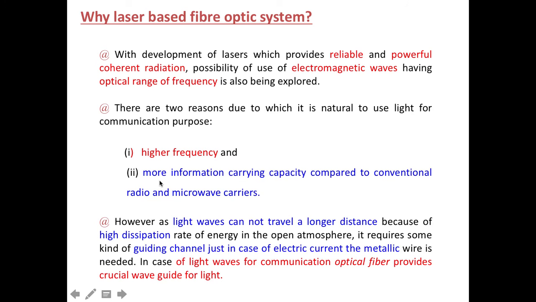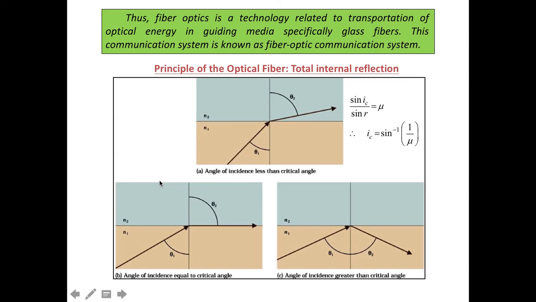Similarly, light waves for communication require optical fiber to provide a crucial waveguide for light. Thus, fiber optics is a technology related to the transportation of optical energy in a guiding medium, especially glass fibers. This communication system is known as a fiber optic communication system.